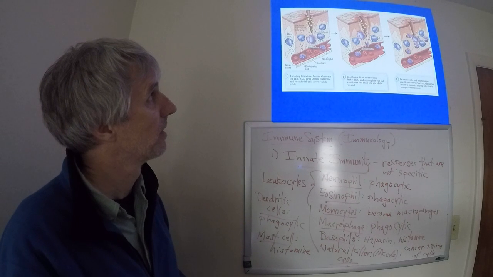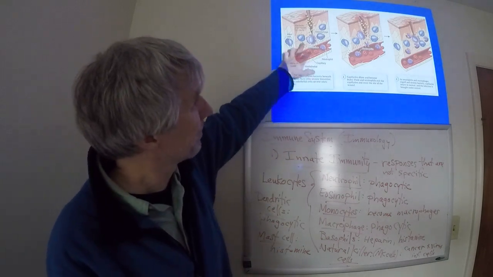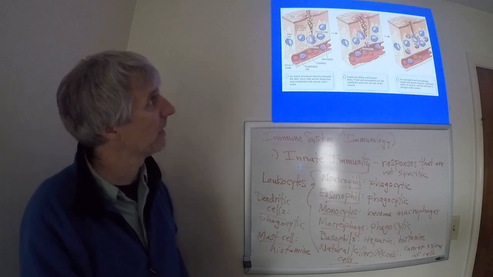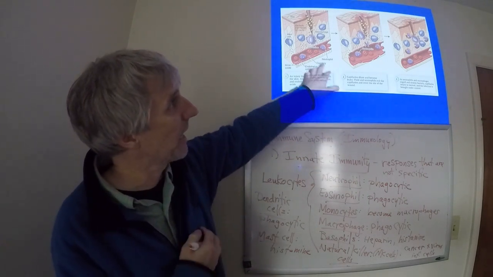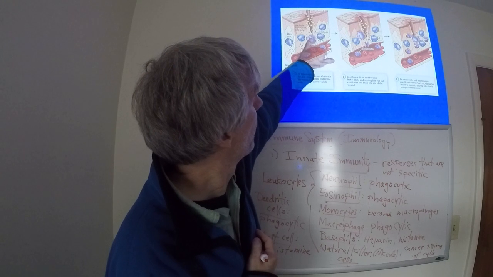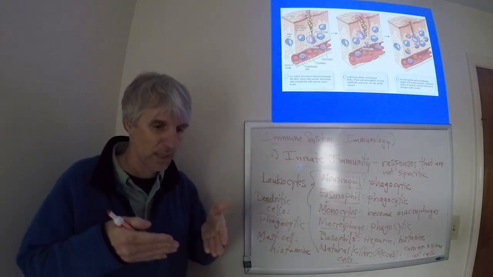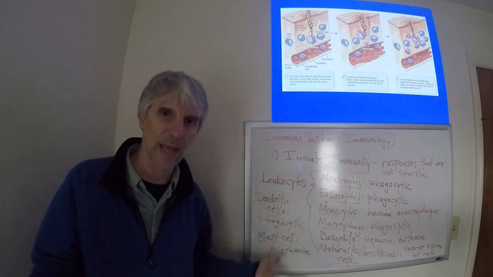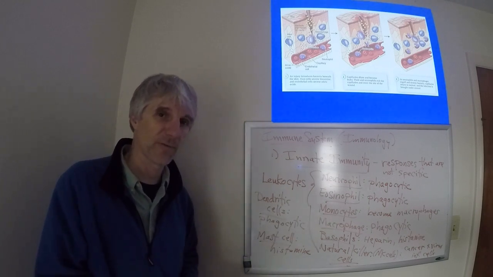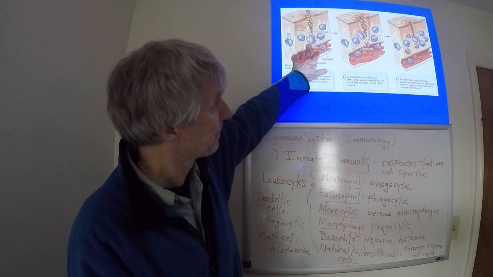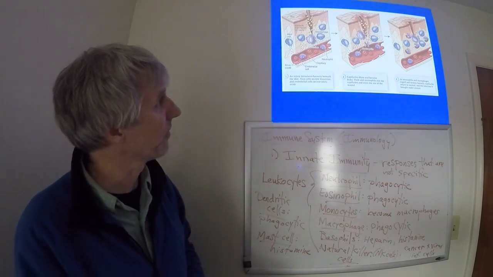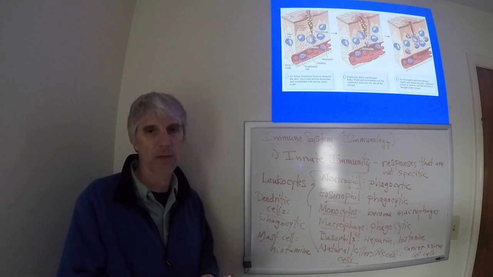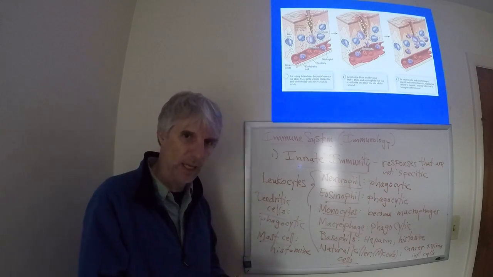Now, when this twig came in, it looks like it damaged cells. It poked through a bunch of cells, and the contents of those cells then spilled out into that extracellular fluid. The extracellular fluid now contains some molecules that normally would never be seen by other cells because they're trapped inside cells.